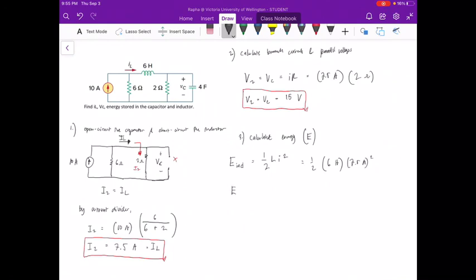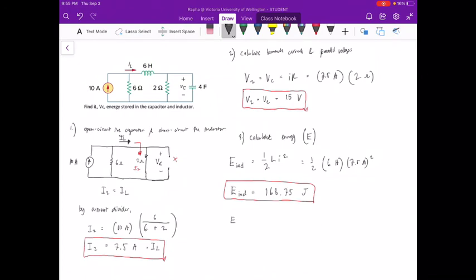Then our energy for the inductor is equal to 168.75 joules. So we have our third answer. Simple as that. Don't forget the units.